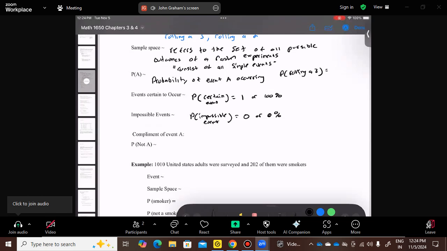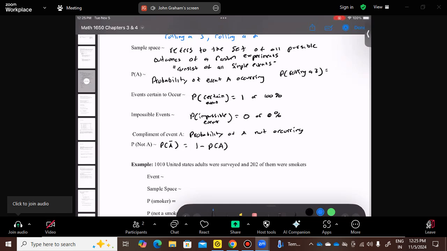The complement of A is the event of A not occurring. So P of not A, which we also write as P of A with a bar above it, is the opposite of P of A. So it's equal to 1 minus P of A.